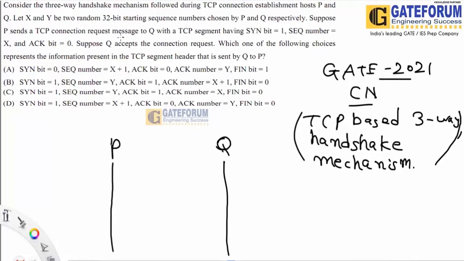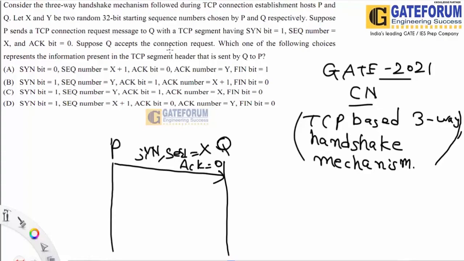Suppose P sends a TCP connection request to Q with a TCP segment SYN bit equal to 1, sequence number X, and the acknowledgement bit equal to 0. So basically, P is sending a connection establishment request with SYN as 1, sequence number equal to X, and acknowledgement as 0.